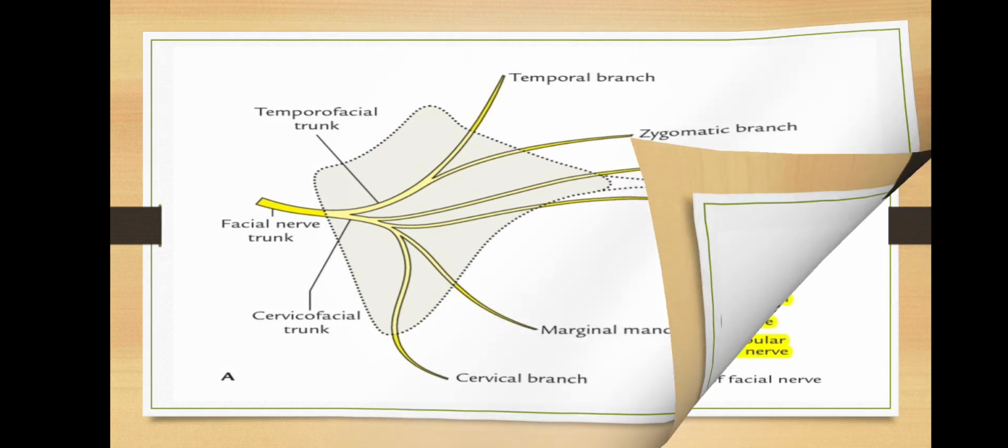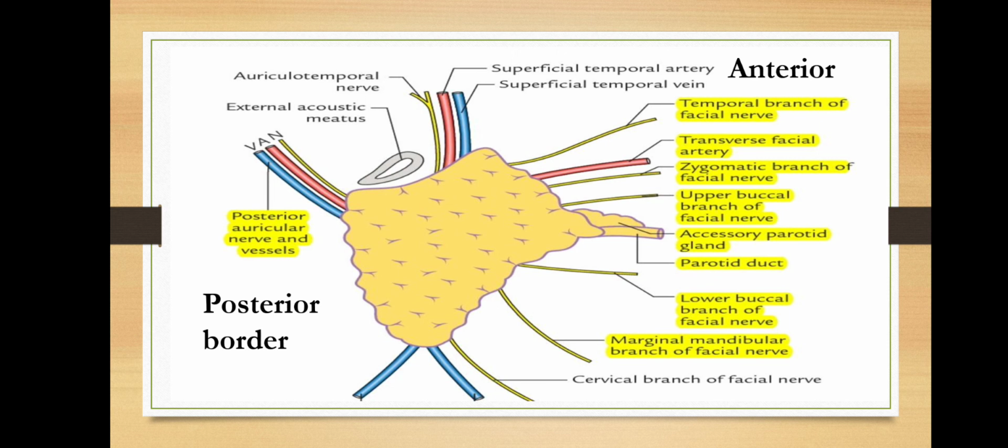So here in the anterior relations, whatever facial nerve branches are there, those four branches mainly are related to the anterior surface, as you see in the picture. So the temporal branch of facial nerve, zygomatic branch, upper buccal branch, lower buccal branch, and marginal mandibular branch of facial nerve.